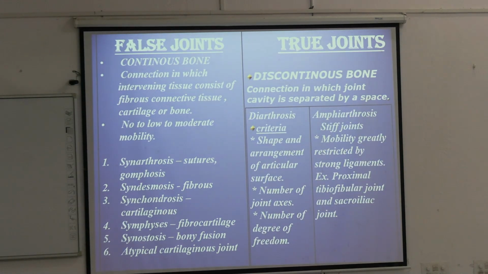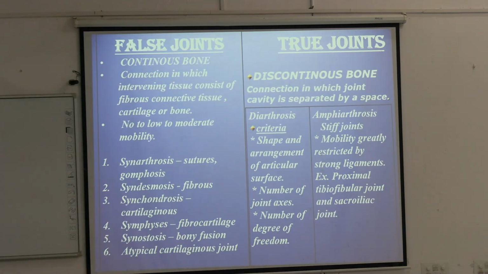Now, discontinuous bone connection in which the joint cavity is separated by a space: diarthrosis. Criteria: shape and arrangement of articular surface, number of joint axes, number of degrees of freedom. Amphiarthrosis, stiff joints, mobility gently restricted by strong ligaments, for example the proximal tibiofibular joint and sacroiliac joint.